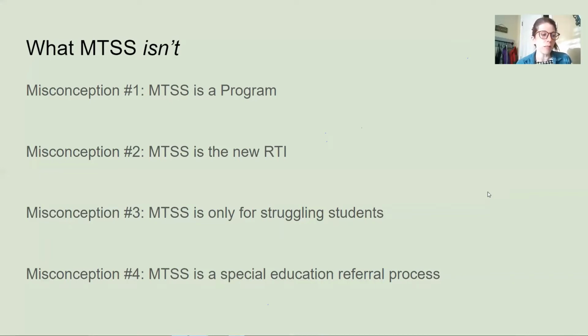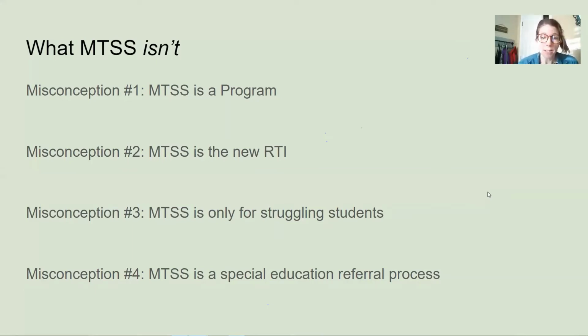It often is used as a system in itself when really, if you break down response to intervention, it's almost more of a noun than a verb. MTSS is not that. RTI is part of that, but it's not that.